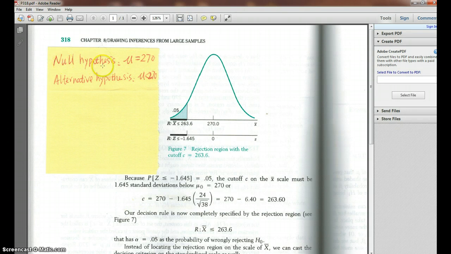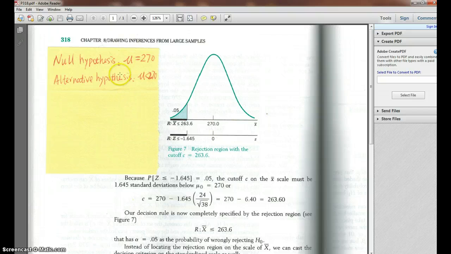This is called the null hypothesis. You can see I didn't write down mu greater than or equal to 270. I put mu equal to 270, because if mu is equal to 270, mu cannot be less than 270. So mu equals 270 can be considered as the opposite of mu less than 270.